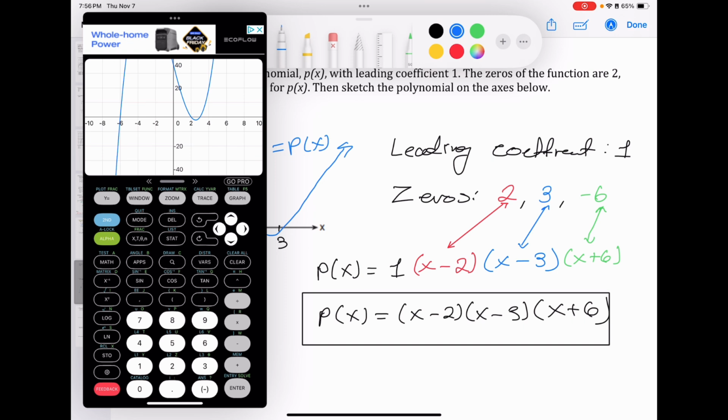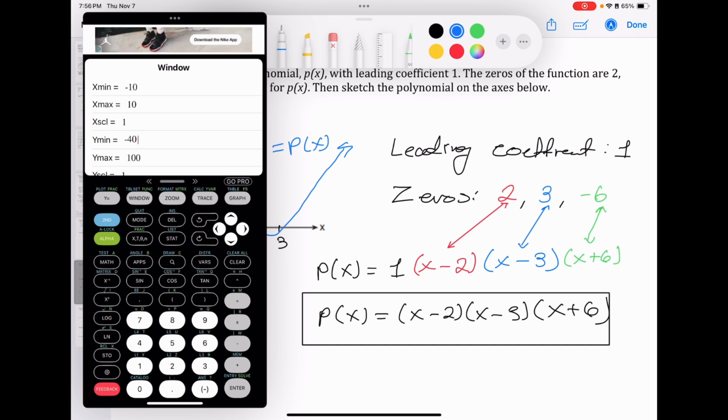And when you graph it, I kind of want to make this a little bit different. So I'm going to hit window, and I want to change the scales. I'll make my y max, in this case, delete, make that 100. And in this case, make that minimum negative 100.